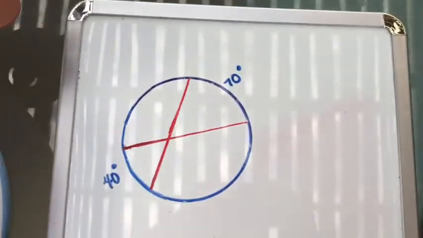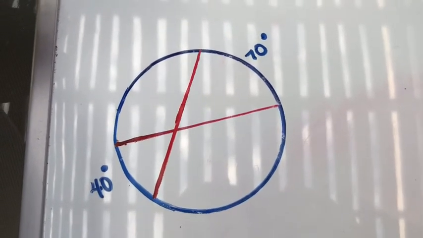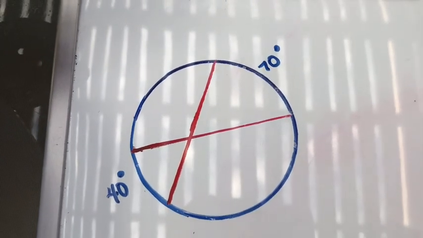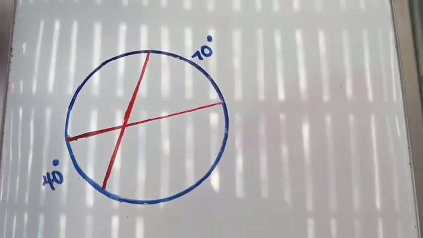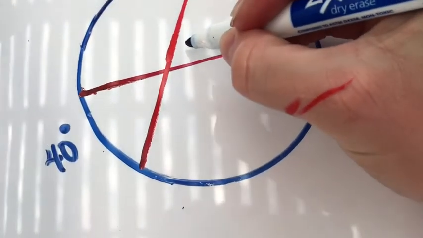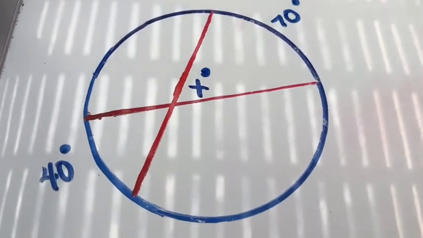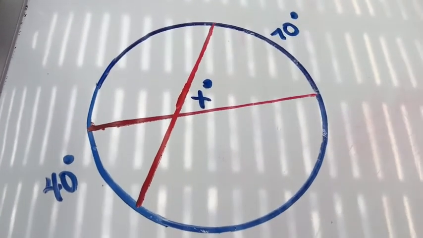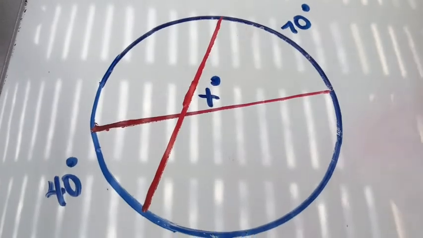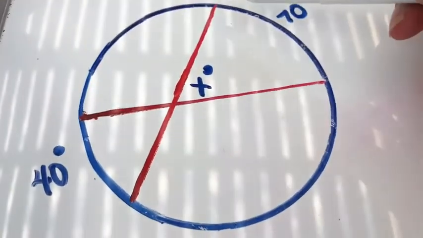For this type of problem, the rule is that an angle inside, like that angle right there, is the average of the arc measures that surround it.